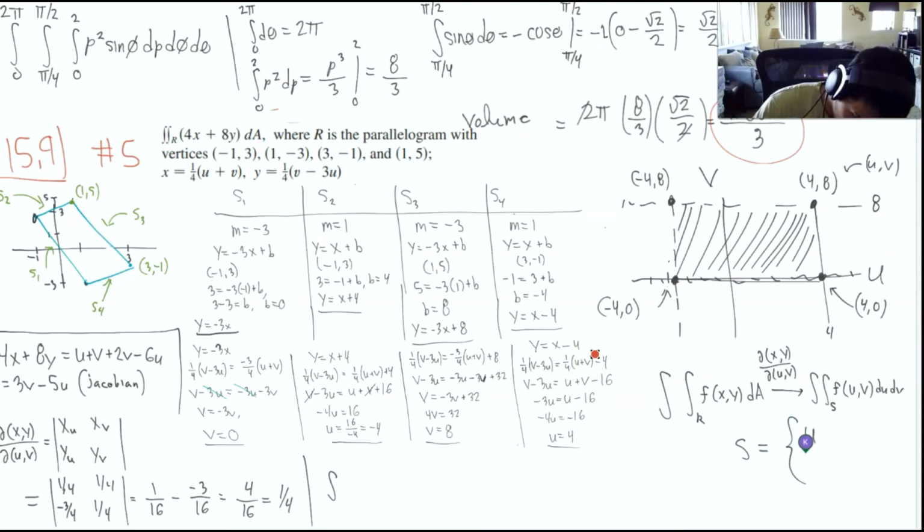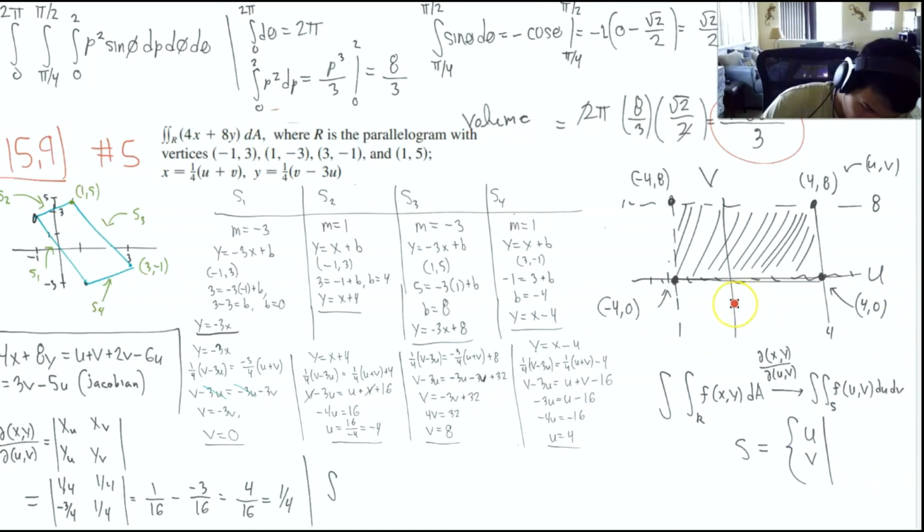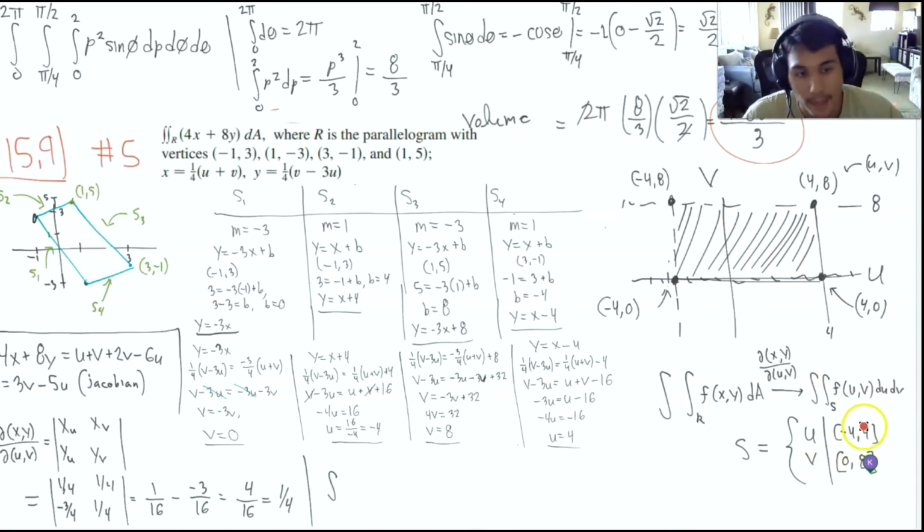Where u and v. Okay, what is u? U goes from negative 4 to 4. What does v go? V goes from 0 to 8. Okay, so I'm actually going to switch the order here. It's totally doable. You can switch the order because none of these are functions.